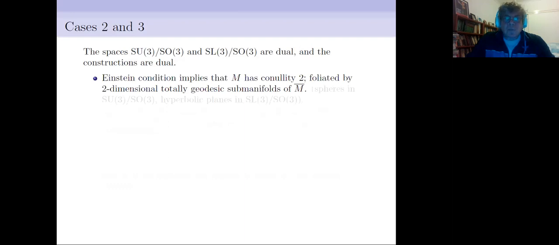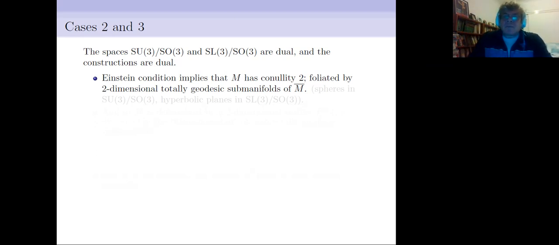So first of all, we have our Einstein condition, and from some algebra, from some equations, it follows that indeed our Einstein hypersurface must be of constant rank 2. This means that if you write down the shape operator of your hypersurface, so you have a hypersurface of dimension 4 in the space of dimension 5, you have your shape operator, it has rank 2, right?